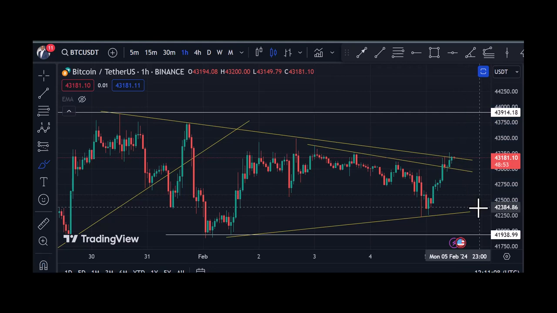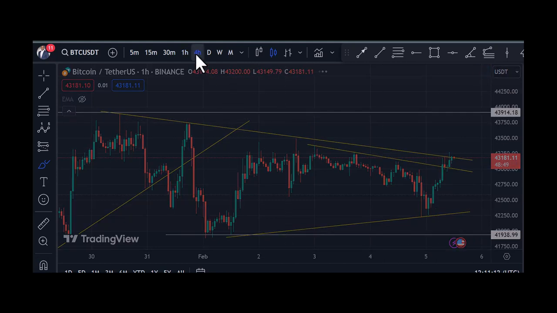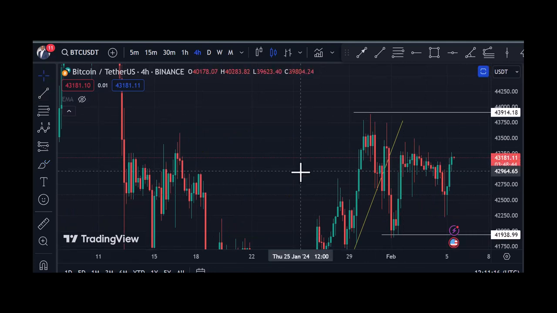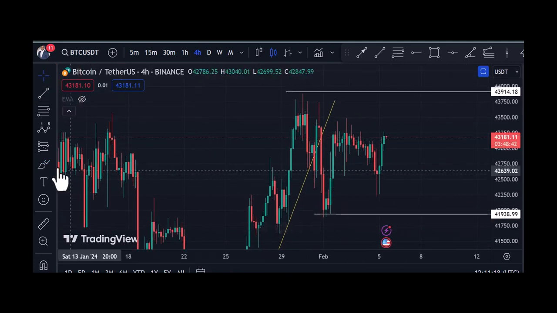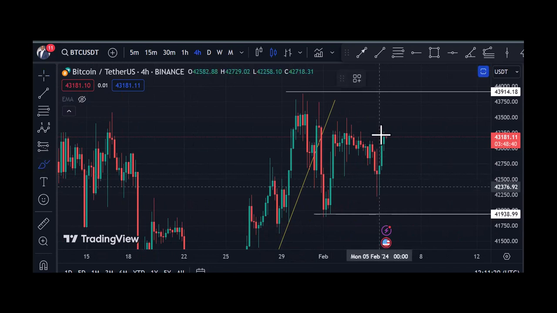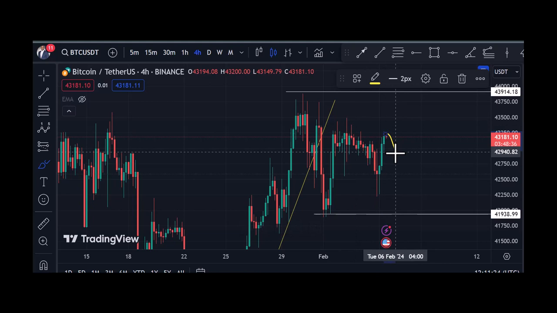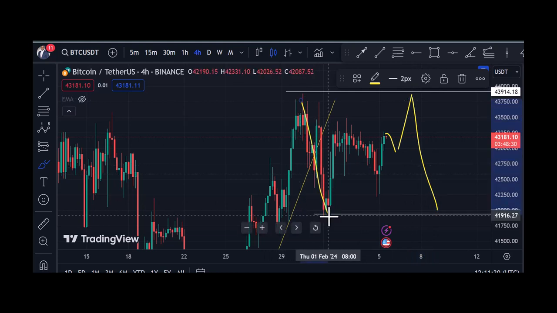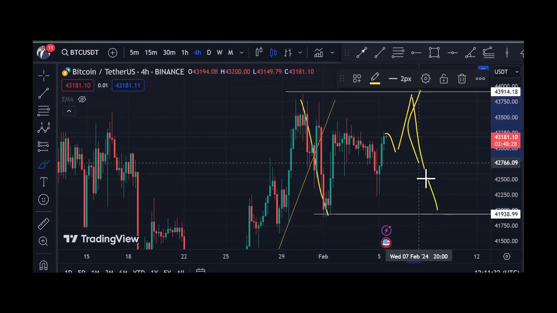So while we are waiting for a clear direction on what the market will do, we have in the back of our mind that once this whole move is ended, guys, whether it ends here or it ends here, there will be another sell which will correspond to this. So this will be the next trade, guys.